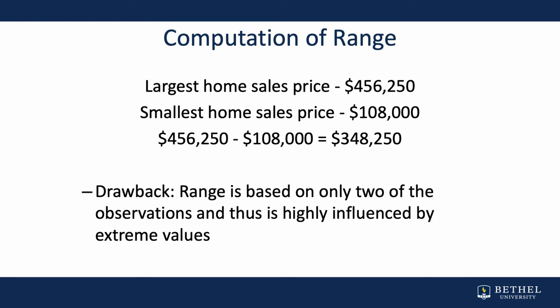Now, there's a drawback to doing this. The drawback is simply that the range is based only on 2 of the observations and can be highly influenced by extreme values. So you may have a home in there really for $1.6 million. Think Lake Minnetonka for a second if you're here in Minnesota.